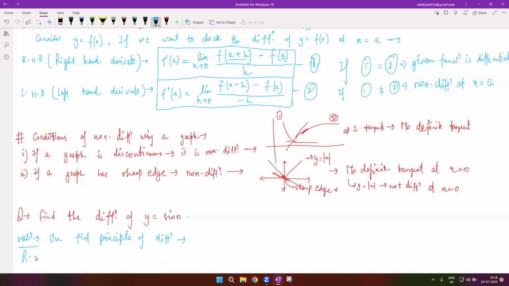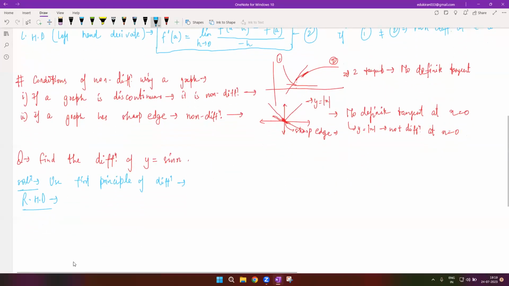First, I will take RHD, the right-hand derivative. If I want to find the right-hand derivative for y equals sin x, we know what the right-hand derivative is. Consider f of x equals sin x, right? Now, according to the right-hand derivative, f dash x is limit h tends to 0, f of x plus h minus f of x, divided by the difference of x plus h and x, which is h.